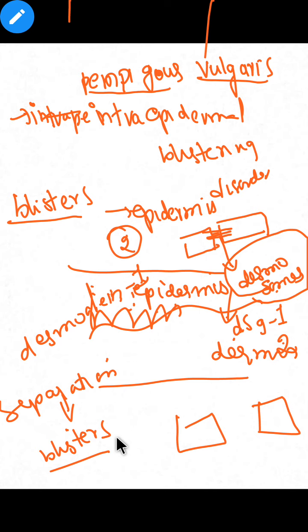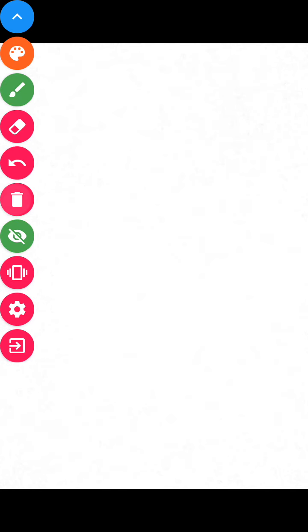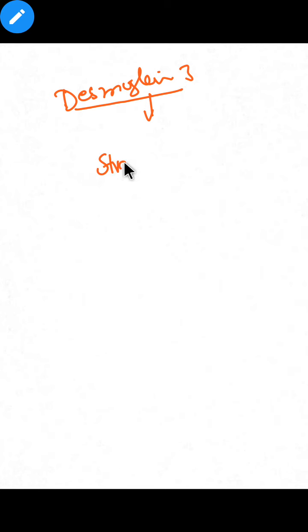So next, moving to the most important protein that is involved in Pemphigus vulgaris, which is desmoglein 3. This desmoglein 3 is present in stratum spinosum.